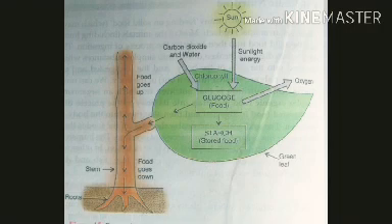So these carbohydrates provide energy to the plants, and the unused carbohydrates are stored as starch. In case the plant requires more energy, this energy is supplied from the reserve of starch.